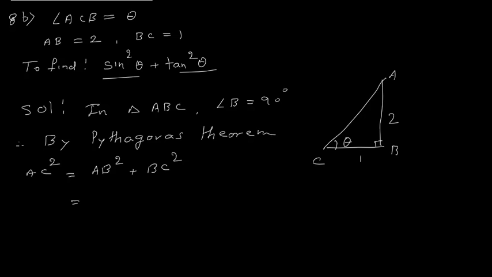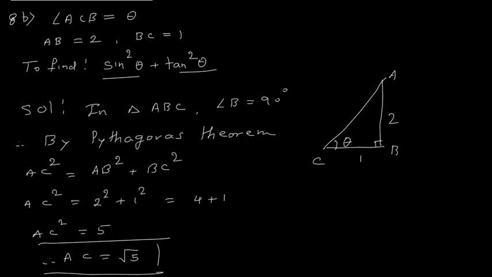Now the value of AB is 2, so this is 2 square plus 1 square. 2 2 the 4, 1 1 the 1. So the value of AC square is 5. Therefore, the value of AC is root 5.